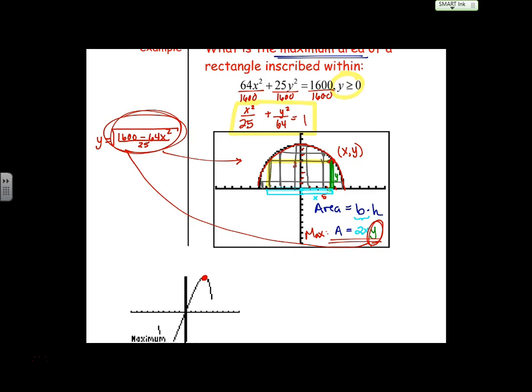He's that whole shabam up above. So I can actually take my area formula and say, okay, 2 times x, and I have my y. Go take that big old y expression and plug it in. Big old nasty 1600 minus 64x squared all over 25.